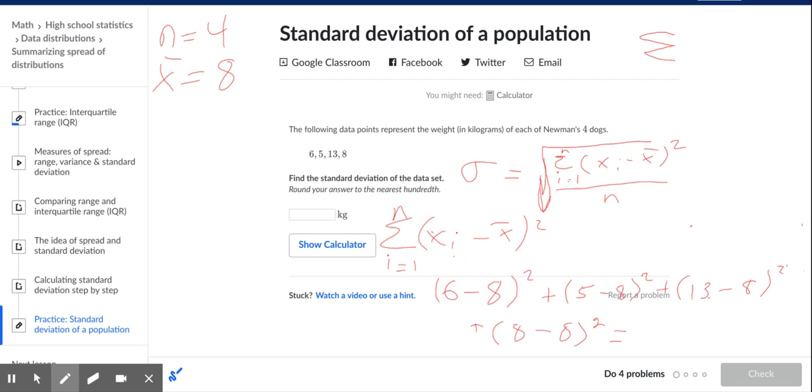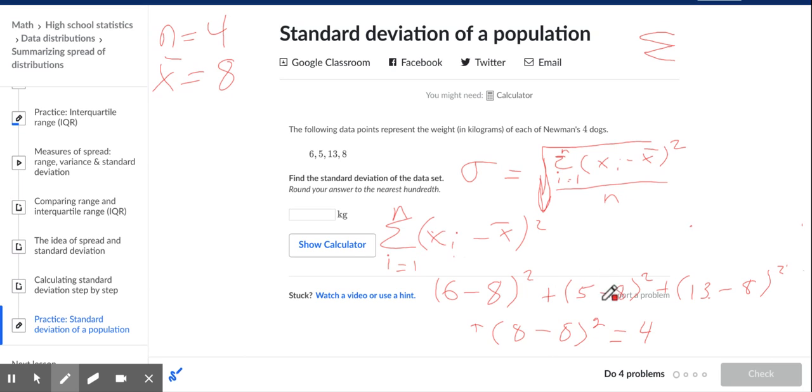So 6 minus 8 is -2. -2 squared is 4. One nice thing about the fact that we're squaring all of these is it makes them positive, so we don't have to worry about signs.